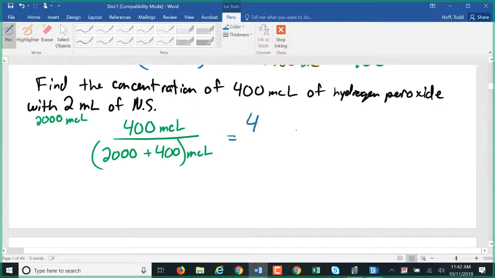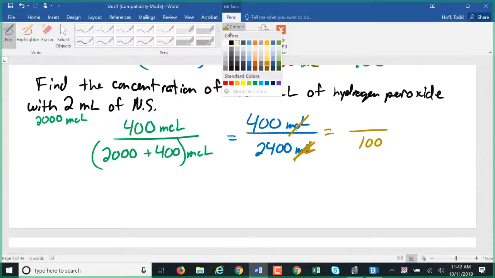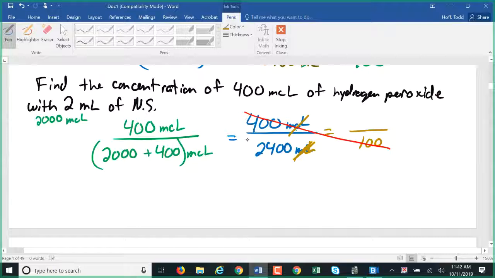So it ends up being 400 microliters over 2,400. Now the microliters you cancel out. It's blank over 100. And if we cross multiply and divide, yes, this is going to come out to be a decimal: 16.67%, or 16 2/3% if you want to do it as a fraction.